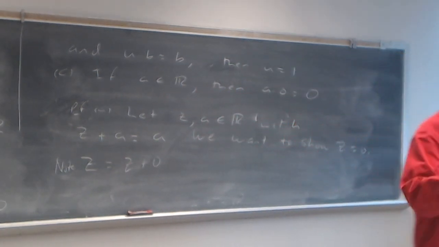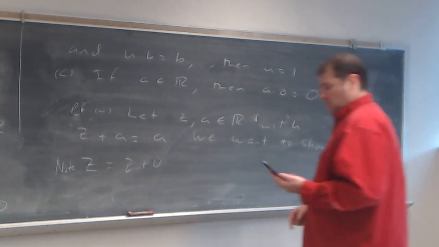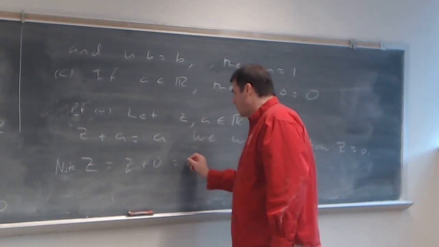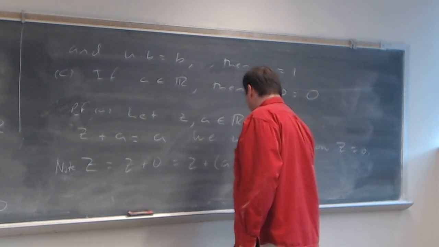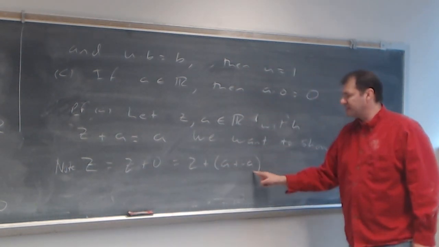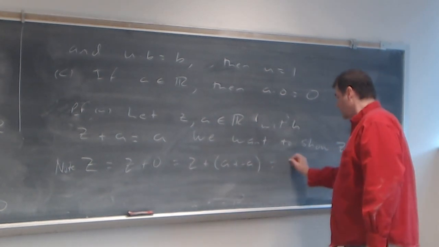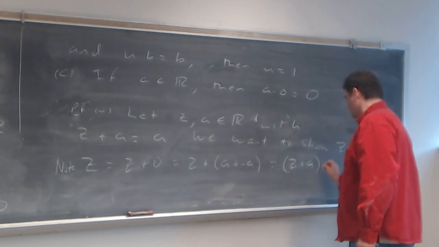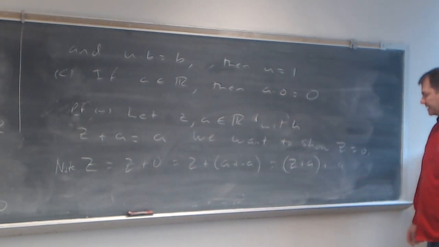I can add 0 to anything and I'm still the same thing. But 0 can be rewritten in terms of A as A plus minus A. So I just replace 0 with A plus minus A. And then reassociating, this says Z plus A plus minus A is the same thing as Z.